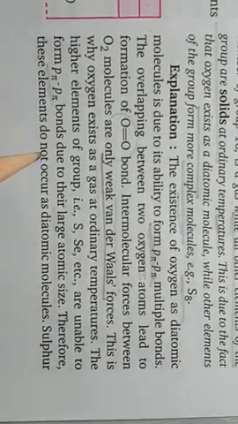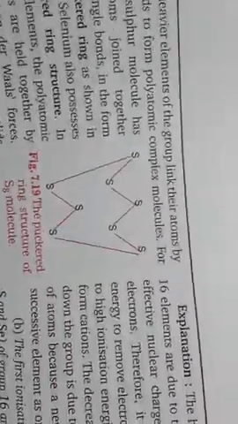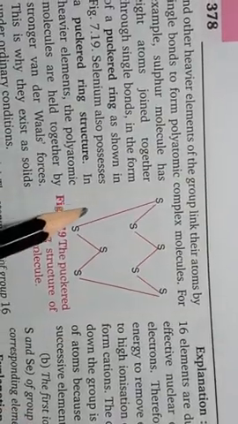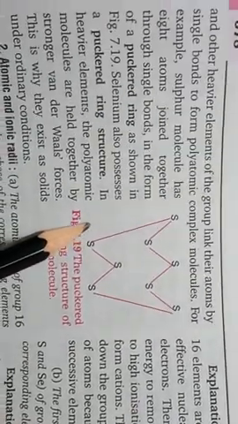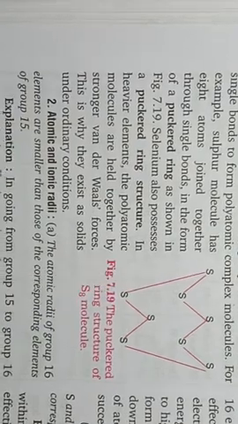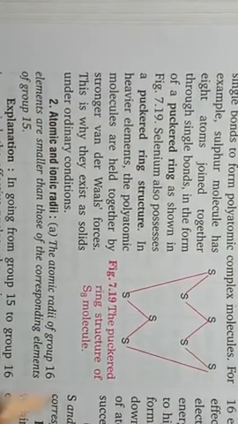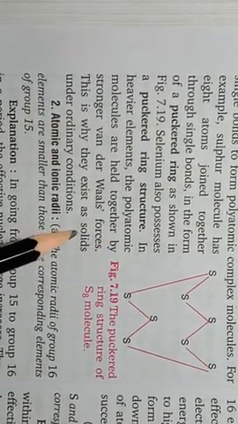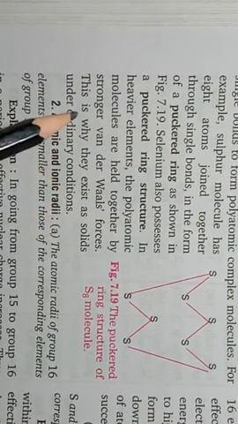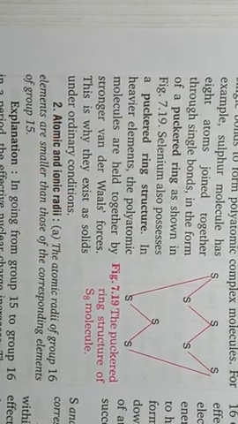Therefore, these elements do not occur as diatomic molecules and form complex molecular structures as in the case of S8, and that is why they are present in the solid state due to comparatively stronger van der Waals forces of attraction.